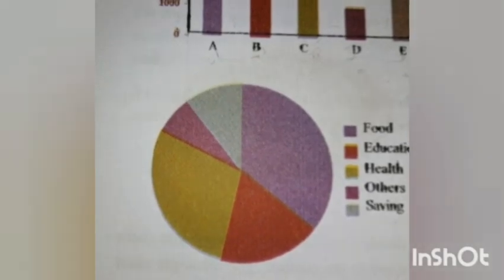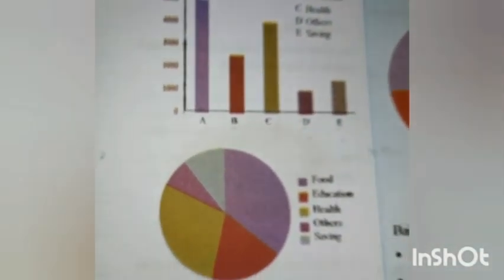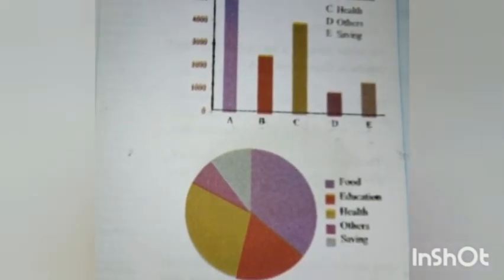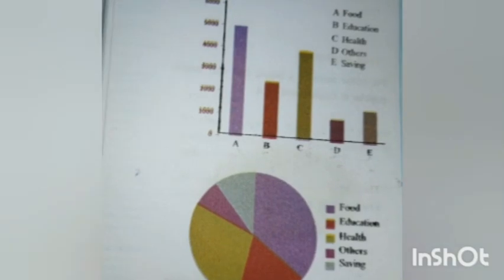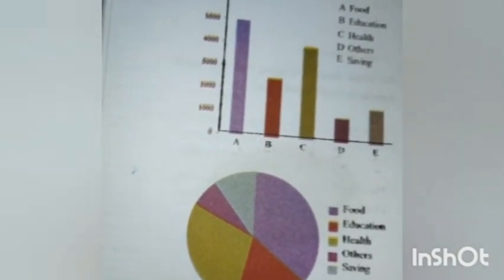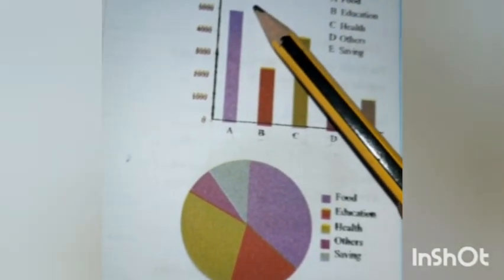Then there is a difference between this bar diagram and the pie chart. In the bar graph, we can easily see the amount spent under each head and compare one with another. How much amount is spent, we can get directly.